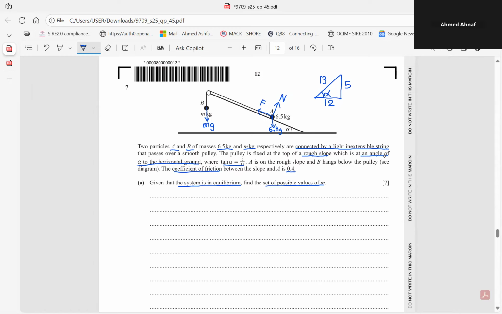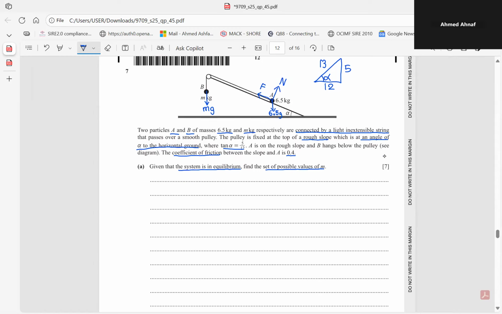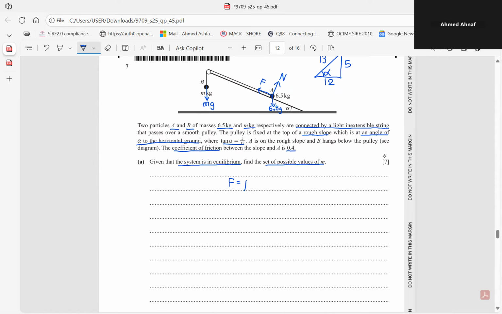Now we can find our F. F equals mu N, so that's just 0.4 N. And then for alpha, it's going to be 6.5g cosine alpha. And then the component parallel to the slope would be acting here, which is 6.5g sine alpha.